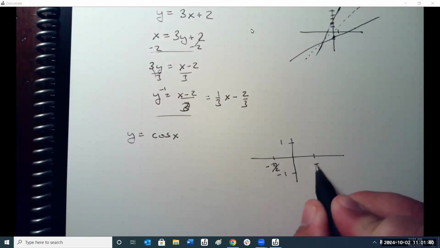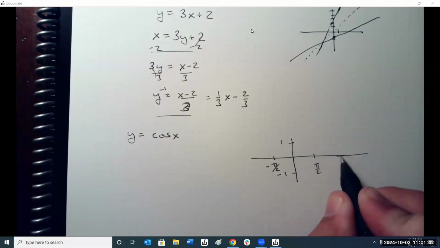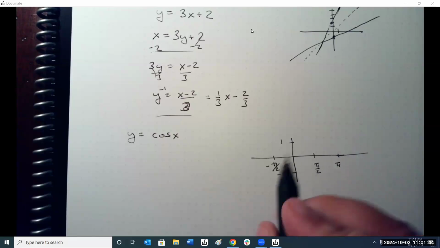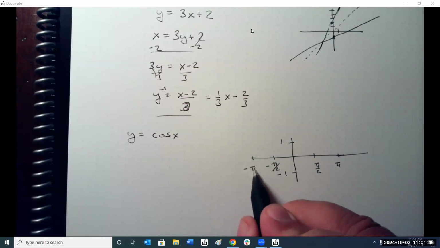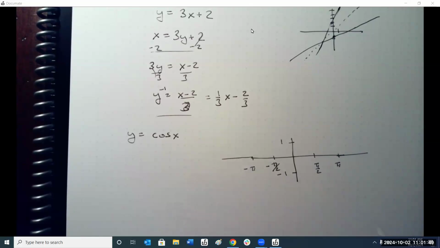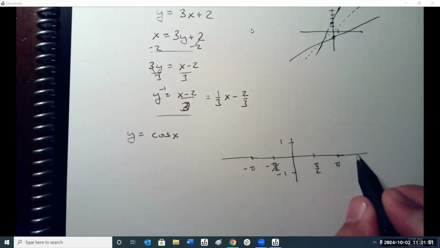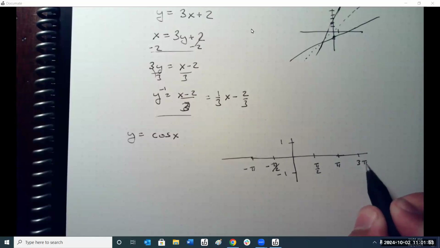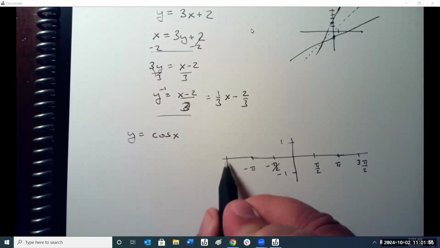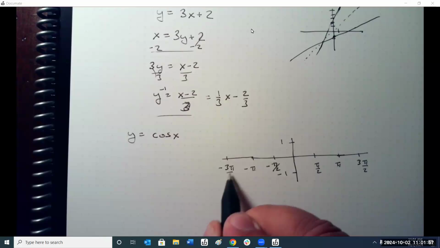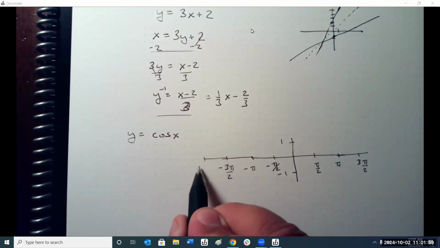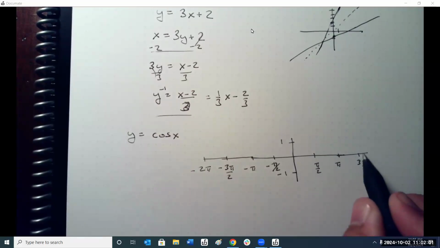Negative pi over 2, pi over 2, pi, negative pi, 3 pi over 2, negative 3 pi over 2, negative 2 pi, 2 pi.